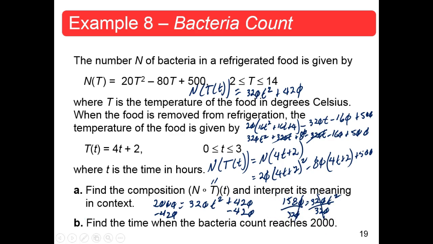So t squared is equal to, anyone got a calculator? I don't want to do all that in my head. Punch it in. 1580 divided by 320, or 158 divided by 32. 4.9. And take the square root of that.